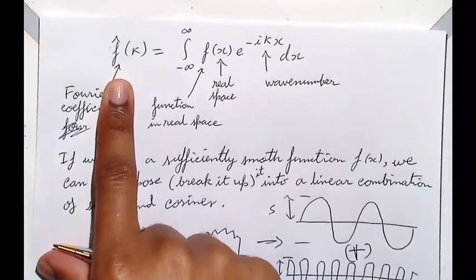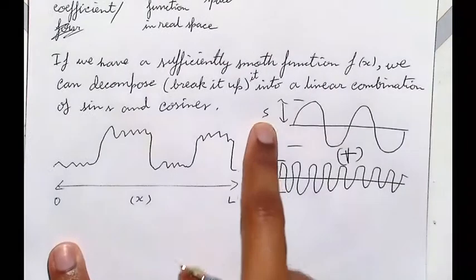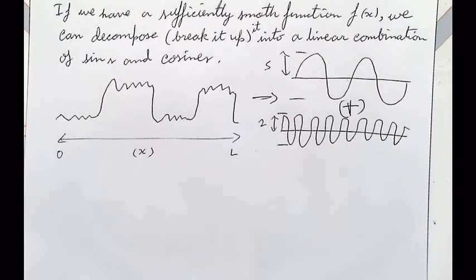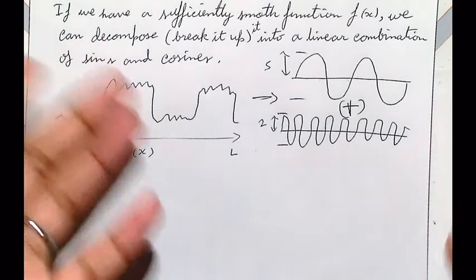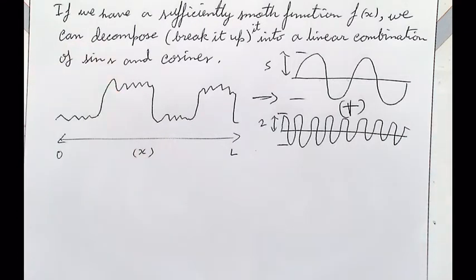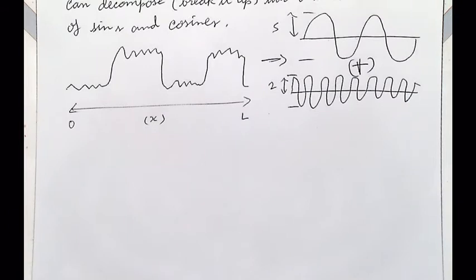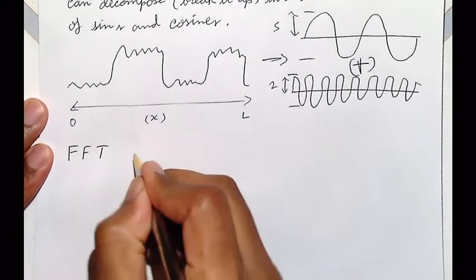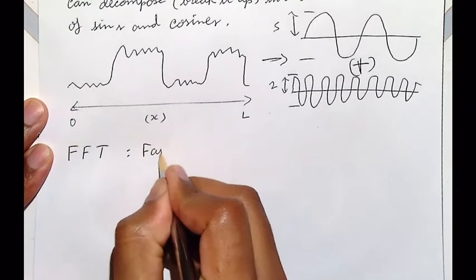This f hat of kappa will give us 5 or 2 in this case. In an abstract sense, all of this seems nice, but it actually works if we try to look at this numerically. So let's do some examples. And before I do that, let me just tell you FFT is fast Fourier transform.